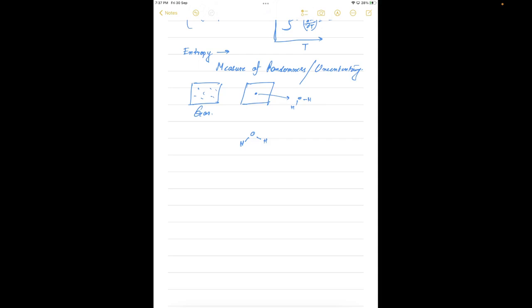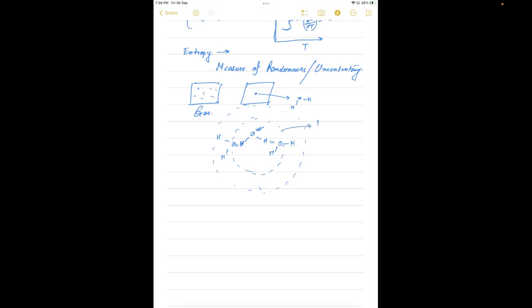That means around this water molecule, another water molecule will be hydrogen bonded like this. So basically there will be a first solvation cell around the center water molecule, and there will also be a second solvation cell.